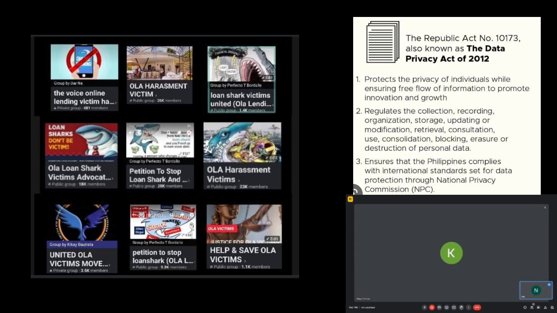So, if we will be able to identify kung sino po yun siya, yung nag-post or anong company yun, if you are confident that you know that company, then we can file a complaint kasi that is very valid. Especially, although it just not yung parang nilabag yung data privacy mo, pero pinahiya ka din, which will fall in cybercrime naman siya. So may paglabag din naman yun, babe. So that's another case.